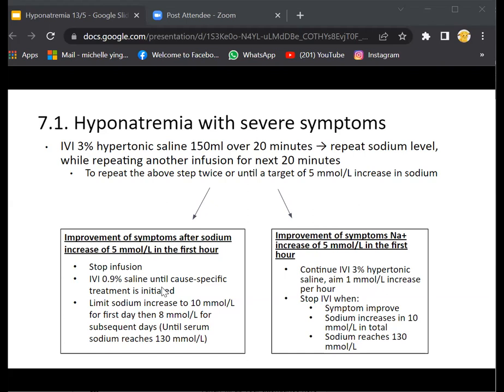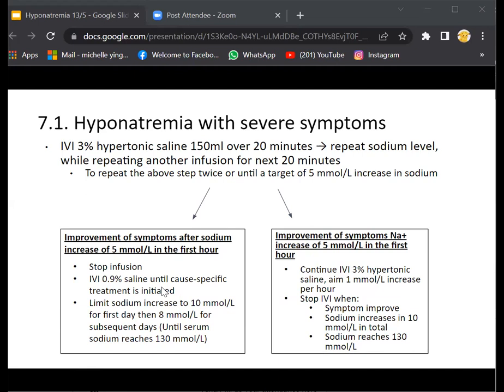This is the thing that I just want to highlight: always watch out for those patients at high risk of overcorrection. As I said previously, your psychogenic polydipsia patients, because suddenly they have less access to water, those patients with hypokalemia, and the other patients are those hypopituitary patients who have concurrent hypocortisolism and diabetes insipidus.